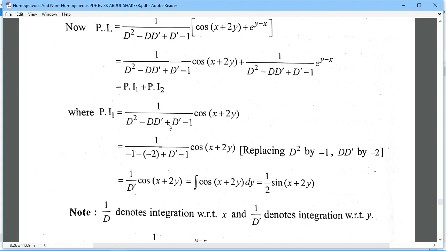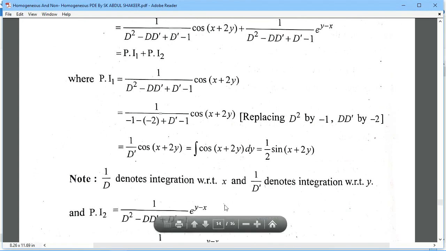So replacing these values, we will have 1 by D'. 1 by D' means we have to integrate with respect to y, because D is a partial derivative operator, that is del by del x, and D' is a partial derivative operator with respect to y. 1 by D, 1 by D' mean inverse operators, that means we have to integrate.